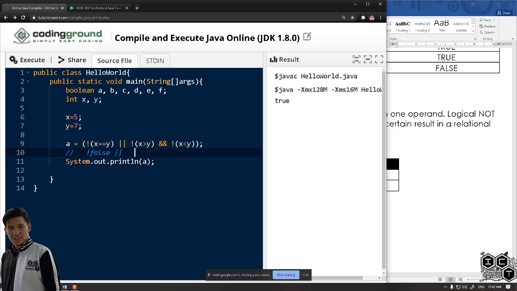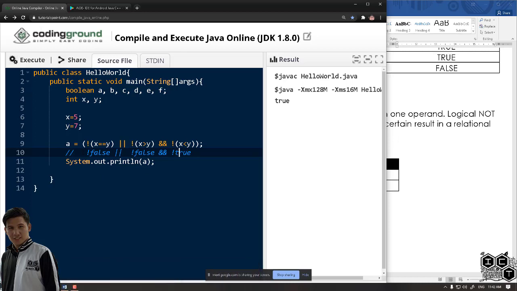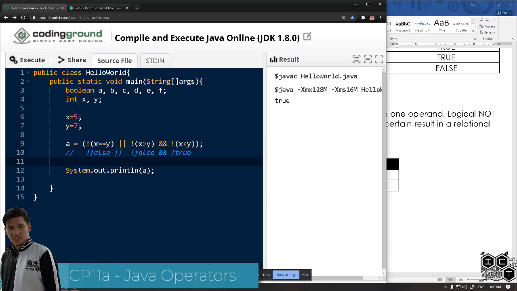Is X or 5 greater than 7? The answer is false. Pero may nakita ka ulit na ganyan. Diba? Tapos and. Is X or 5 less than Y? The answer is true. Pero may nakita ka ulit na ganyan. Analyze natin yan isa-isa ngayon.